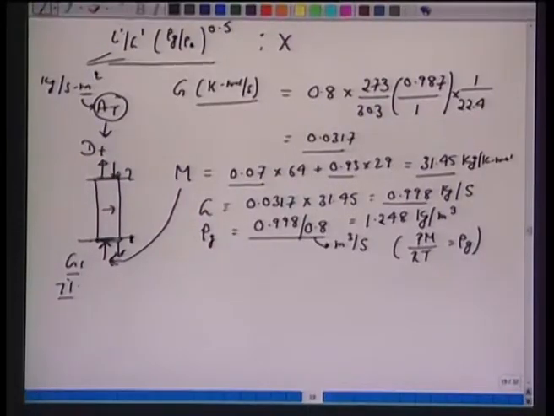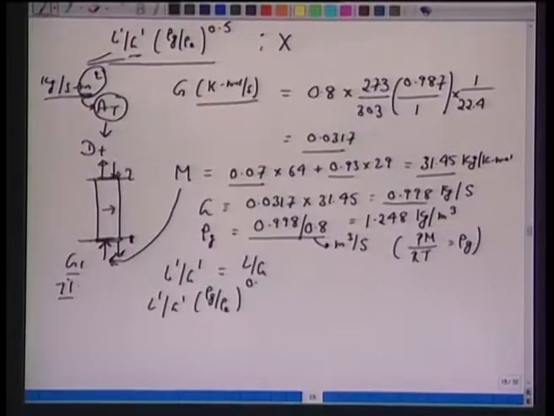Okay. Now, notice that this L prime and G prime are given in kg per second per meter square, but the ratio of L prime over G prime will be the same as L over G. So, we calculate this quantity, rho G over rho L to the power 0.5, which is on the x axis.